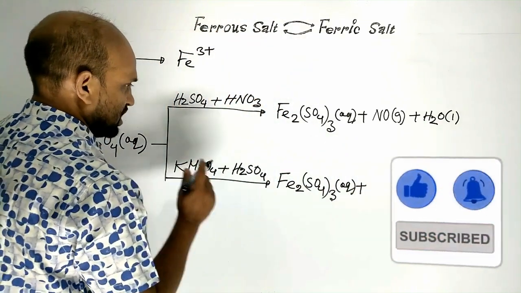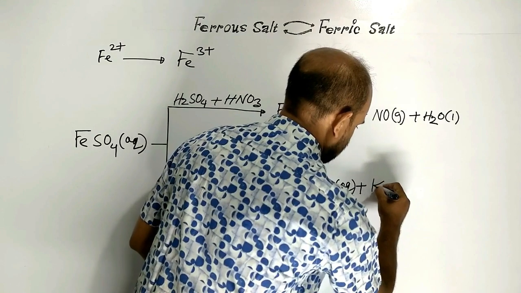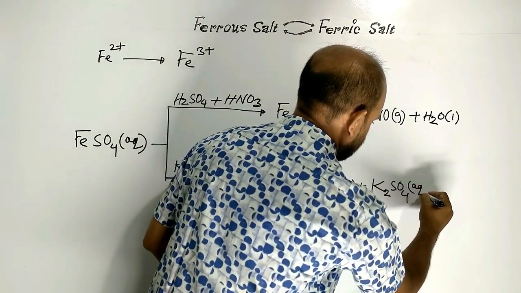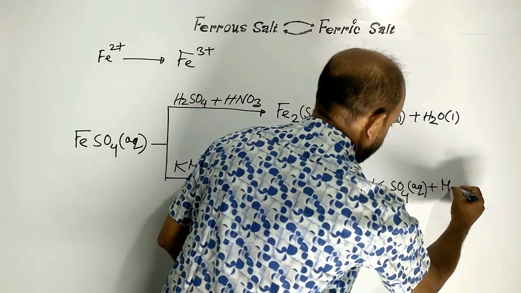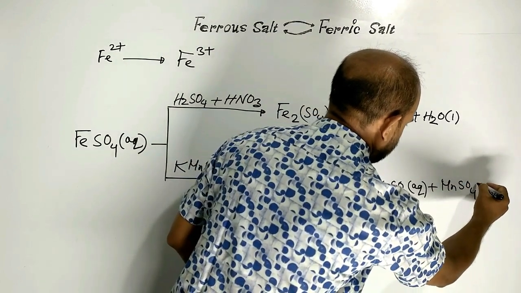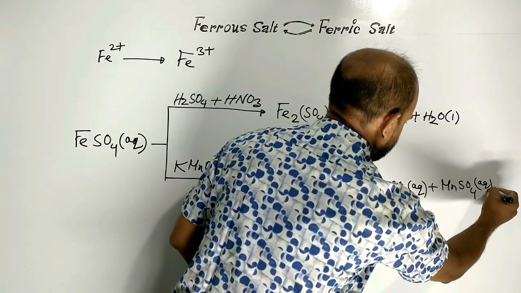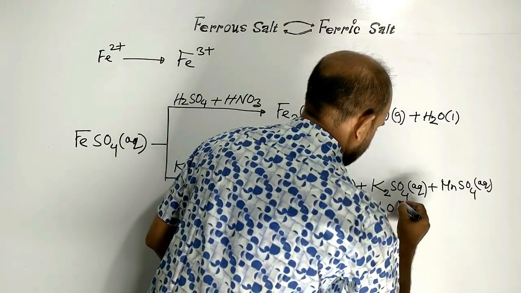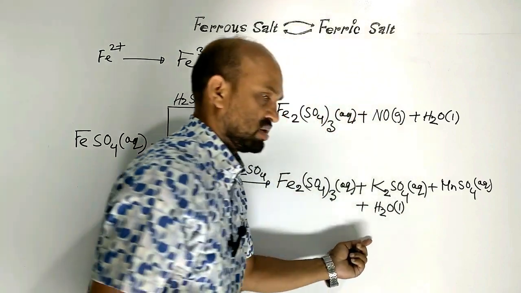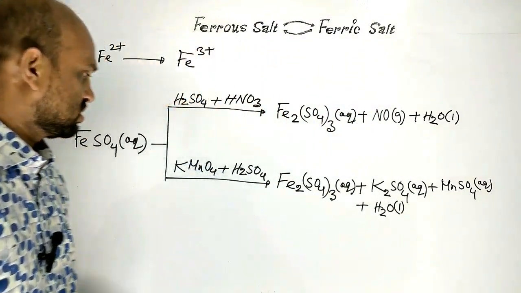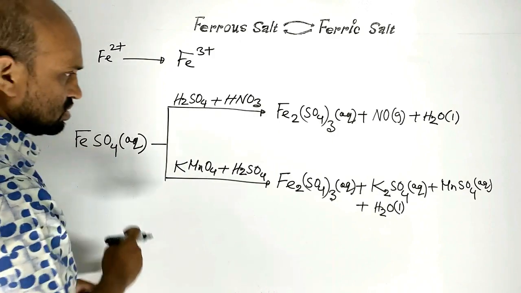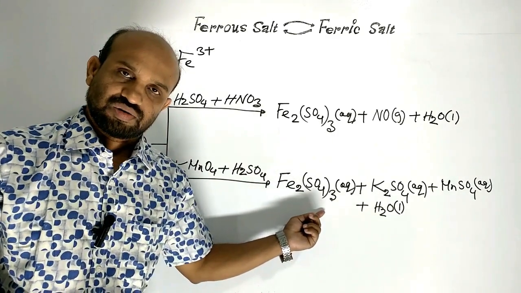Then byproducts are potassium sulfate, manganese sulfate, and water. So, in this way, ferrous salt changes to ferric salt.